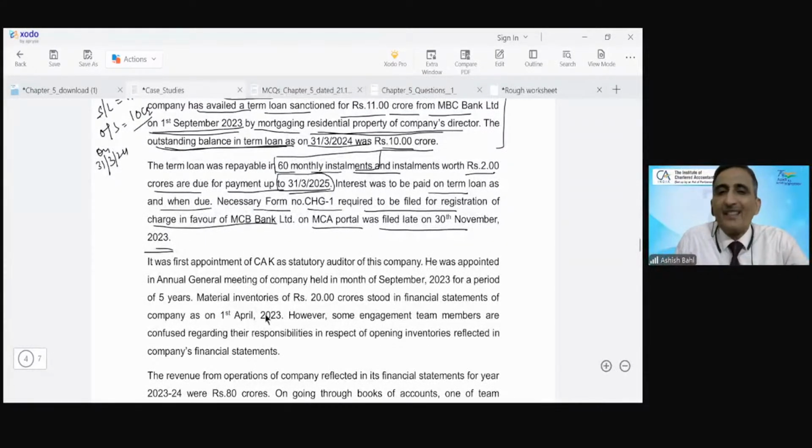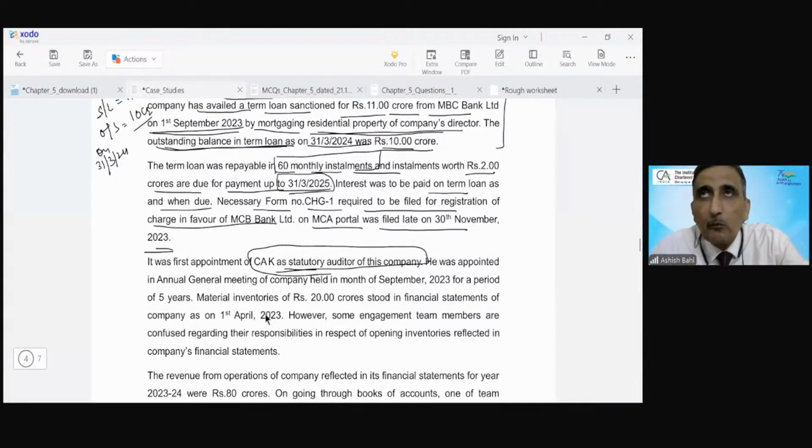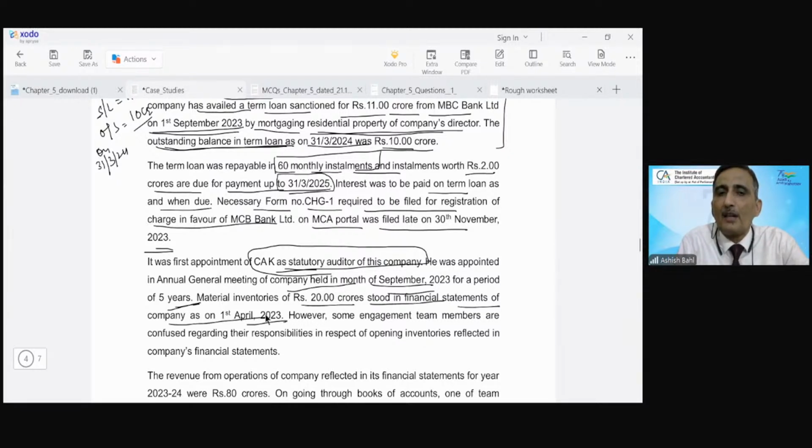So it was first appointment of CA I as statutory auditor of this company. So again, CA I is here also first time appointee as an auditor. He was appointed in the AGM of the company held in the month of September 23 for a period of 5 years. Material inventories of 20 CR stood in financial statements of the company as on 1st April 23.